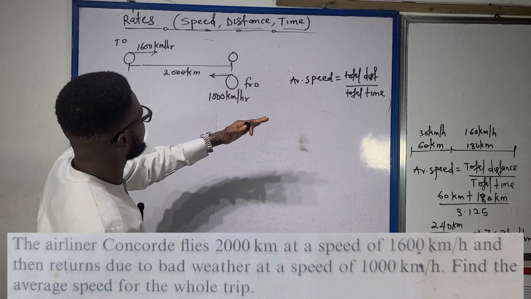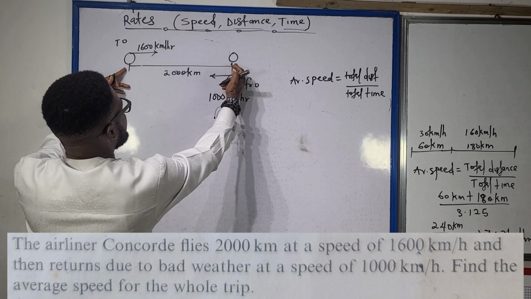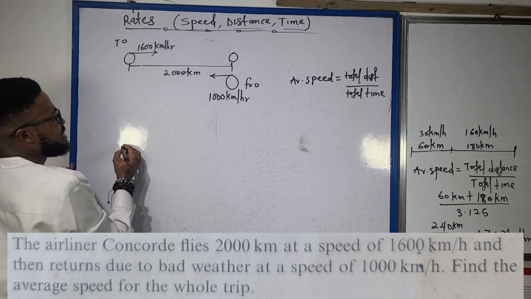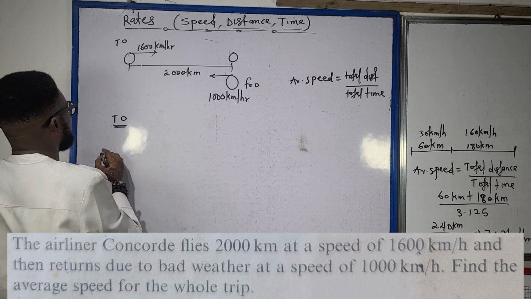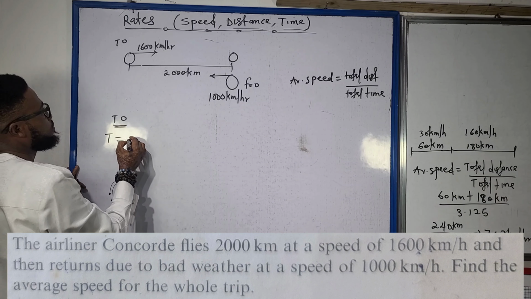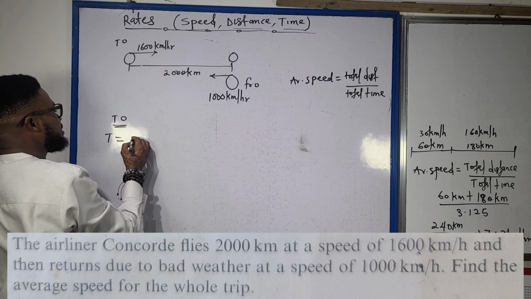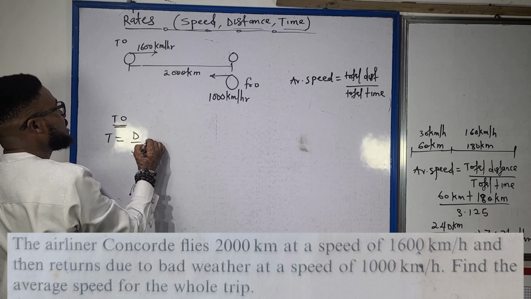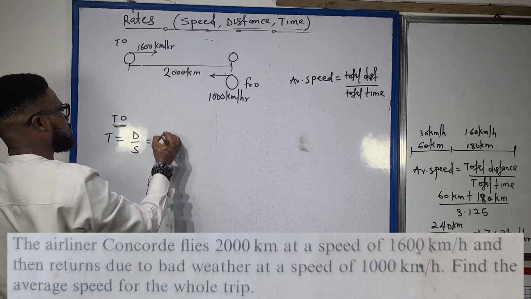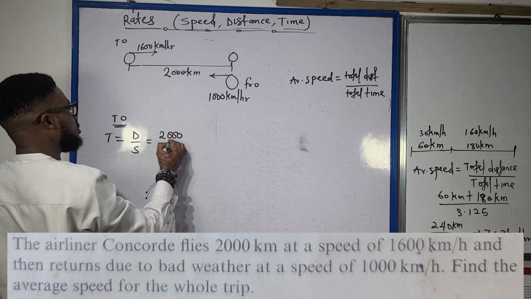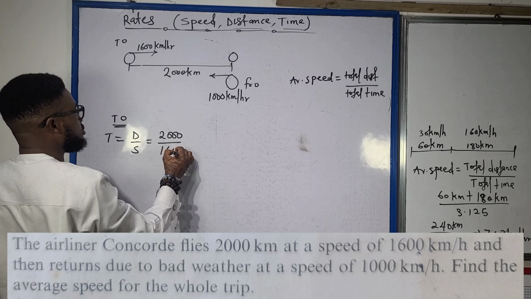So when we move in this way, we travel 2,000 kilometers. The timing for the to journey: time is distance over speed. Distance in this case is 2,000, so that's 2,000 divided by 1,600.